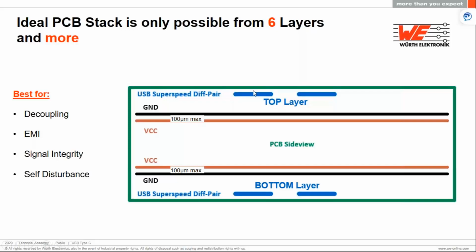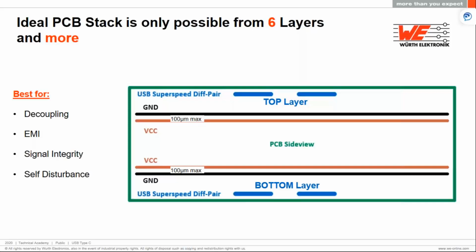With 6 layers, the distance between the high-speed layer at the top and ground is the same as at the bottom. If we have a 4-layer PCB with VCC and ground in between, the distance from top to ground and bottom to ground is completely different, and that could cause a mismatch in our capacitive coupling.